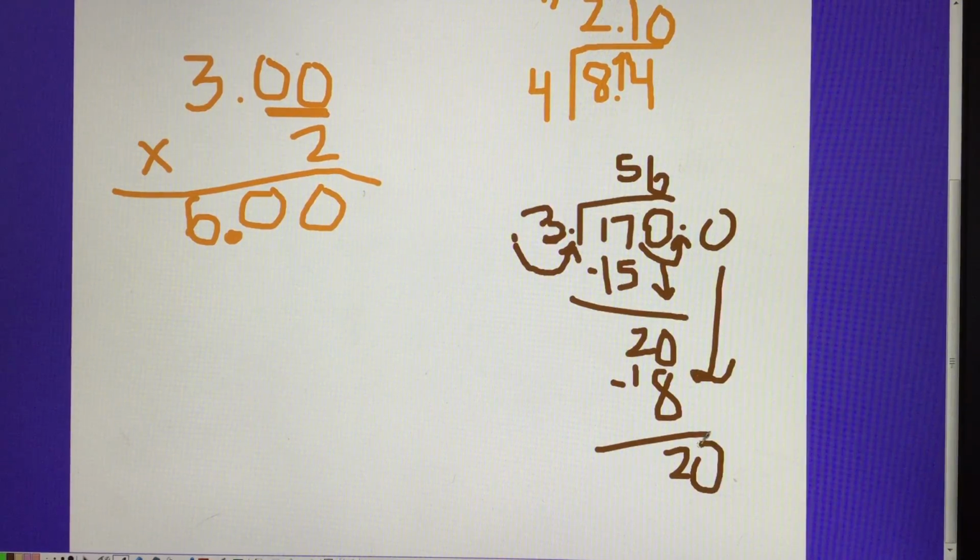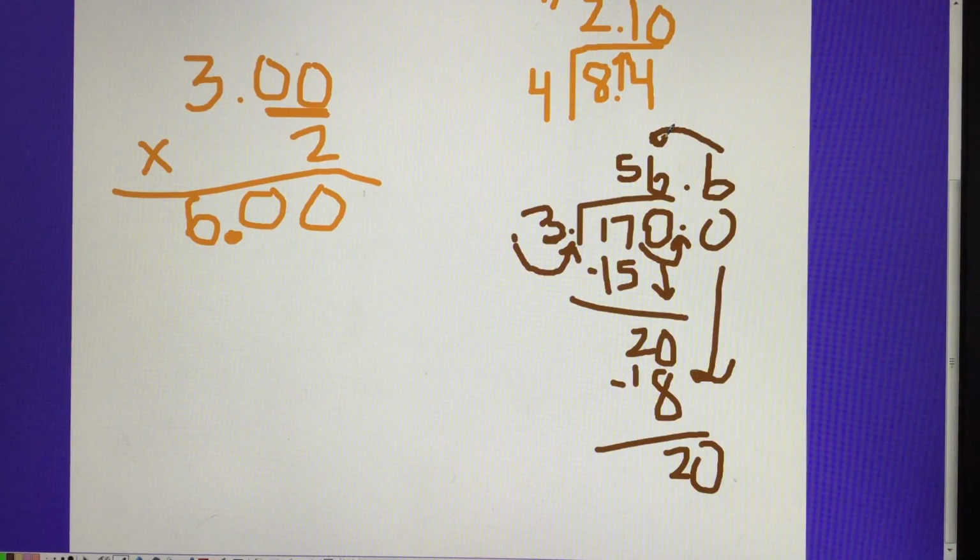Pull it down. 3 goes into 20 6 times. Okay, here's my decimal. I plunk it straight up. So if we're going to the nearest whole number, it would be 57, because that 6 would bump that up to a 7. Or to the nearest tenth, 56 and 6/10, or since it's going to be a repeating 6, you could say 7/10 there.